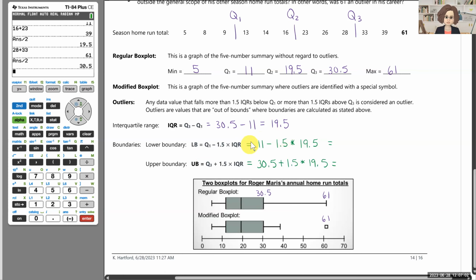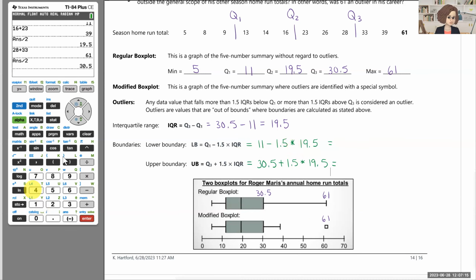All right, so I'm going to enter it exactly like I wrote it. So order of operations, the multiplication would come first, and then you do 11 minus that product. So the calculator knows order of operations, so you can just enter it like I typed it or wrote it.